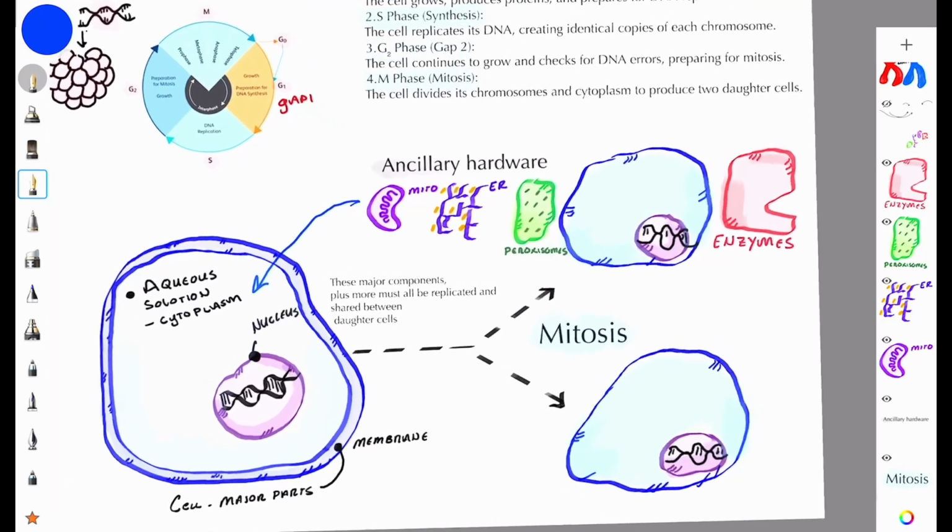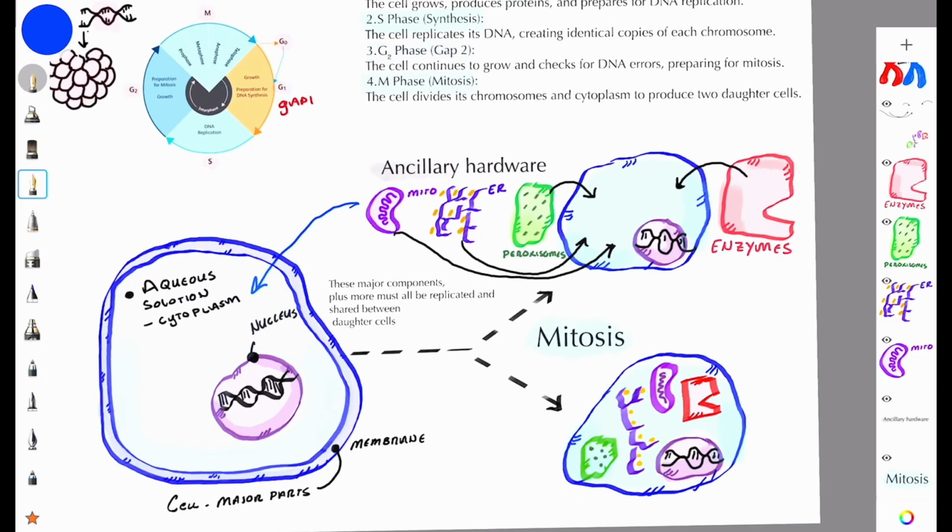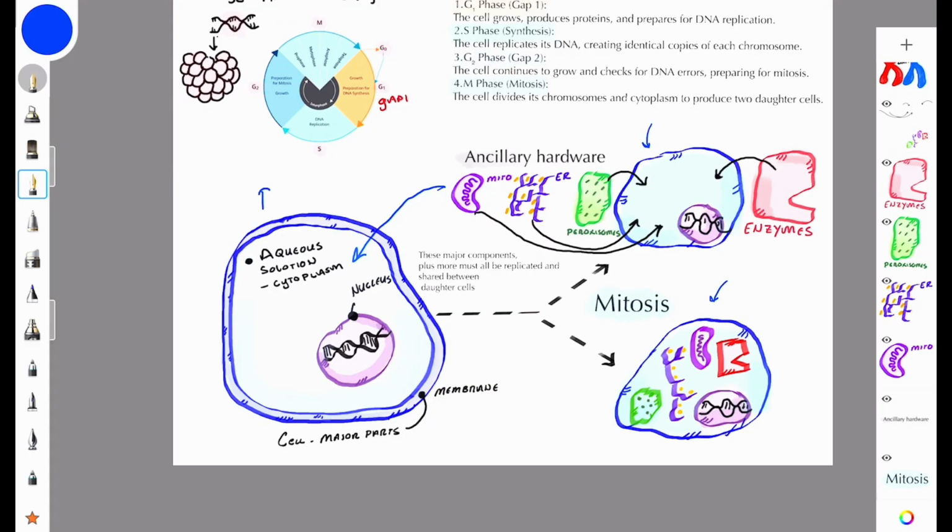Because those daughter cells are going to be installed with all of that information. You can see that this one, all of those organelles are going in there. And you could see this one, it's going to have equal amounts of organelles. And again, it has to come from the parent cell.